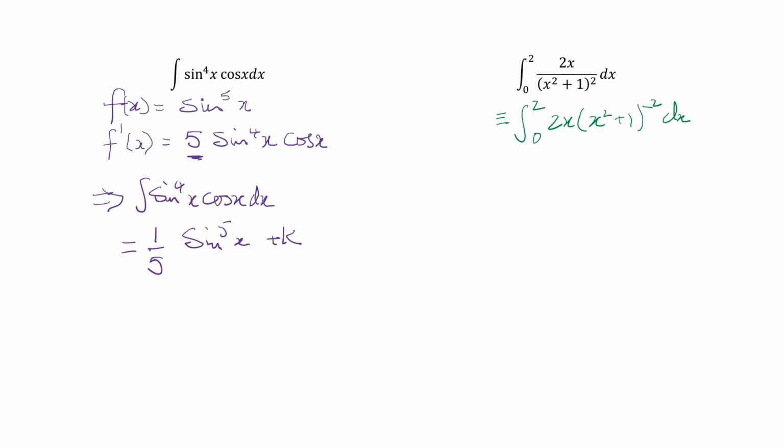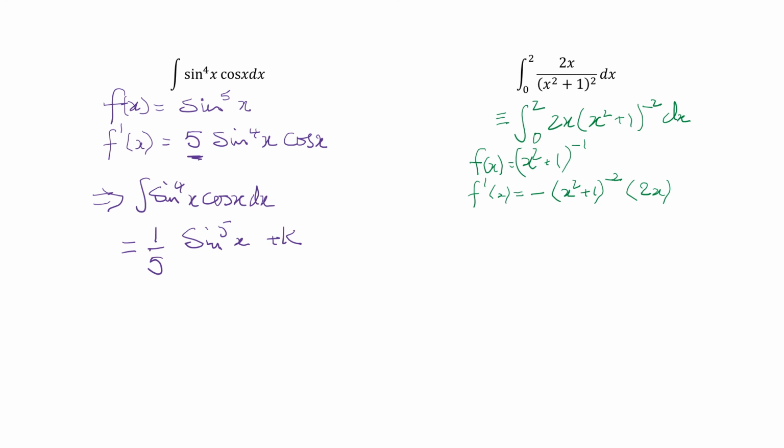And again, my root function in this case is fairly obviously the bracket with the power. So if I increase my power by 1, I would be looking at something of the form x squared plus 1 to the power minus 1. Use my chain rule to differentiate it, minus, because the differential of minus 1 is minus 1.